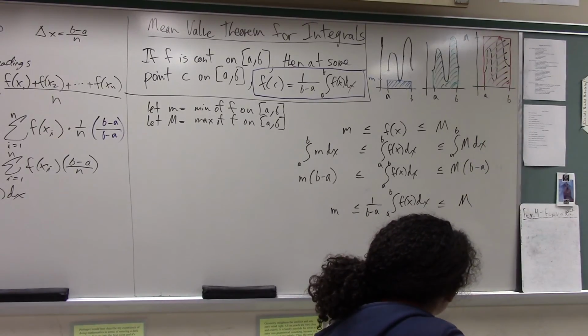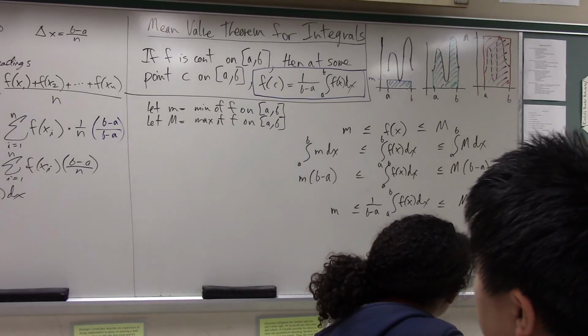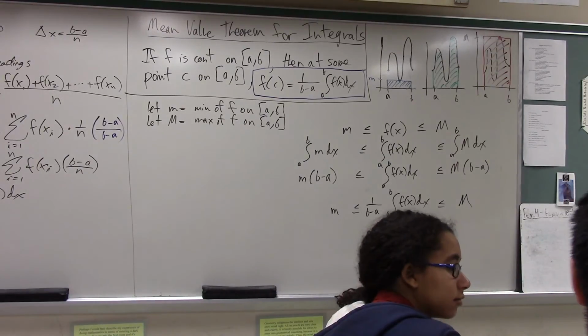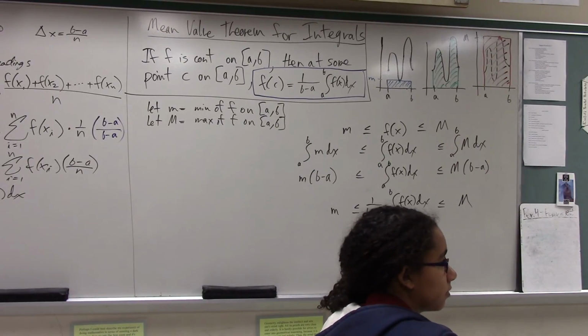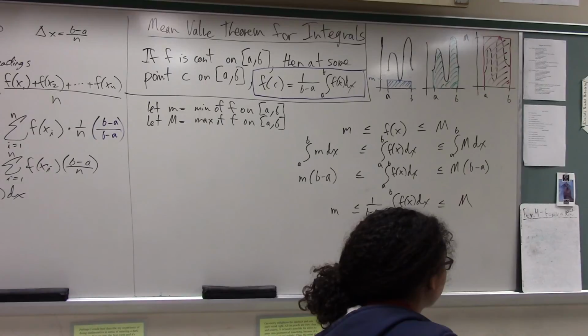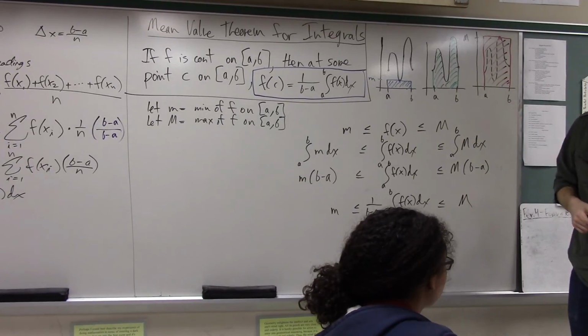Okay. What's the significance of that? Haley, your head's like sliding away. Yeah. You've shown that between the min and the max of the function, that point exists, 1 over b minus a times the integral of the function, which is the mean value.